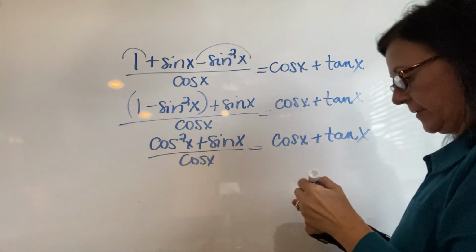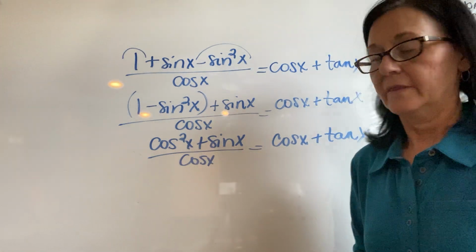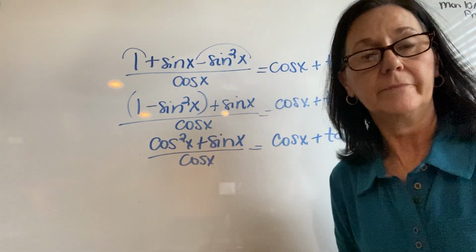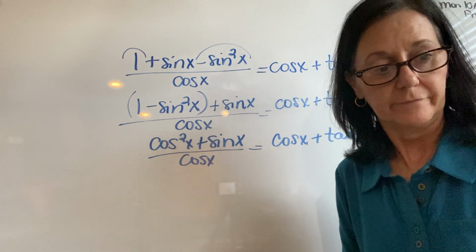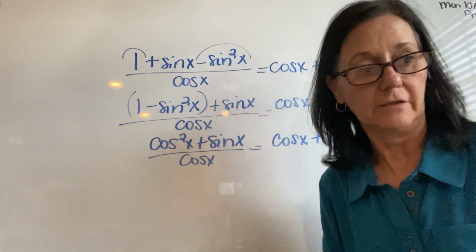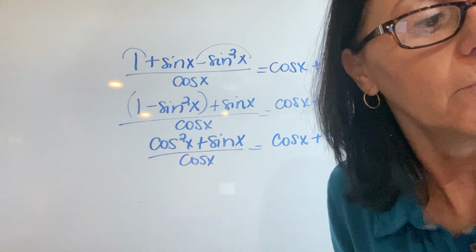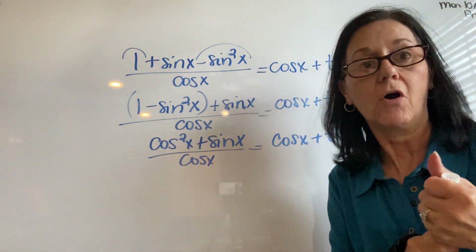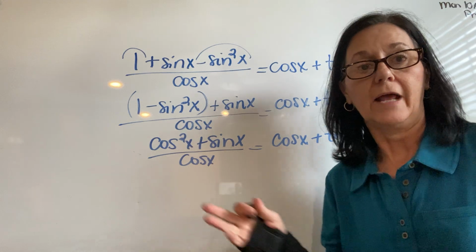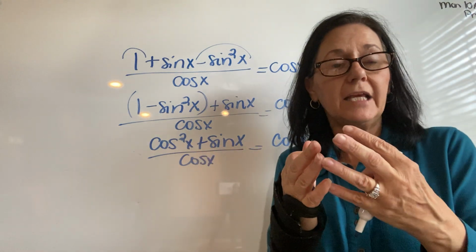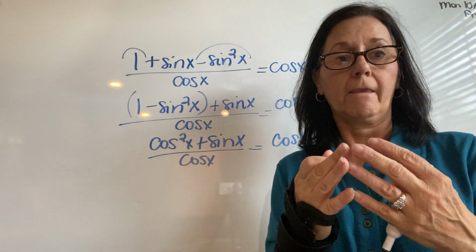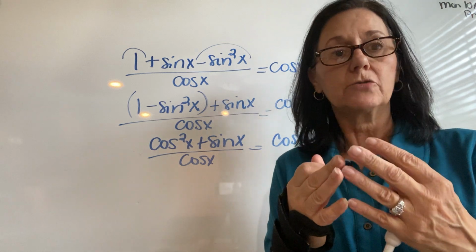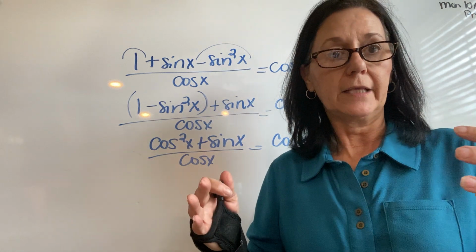So I'm left with cosine squared x plus sine x over cosine x equals cosine x plus the tan of x. These two terms are written over a common denominator. That's one other thing I'm going to look for. Can I split the numerators back apart and write two fractions? And you always can. In algebra, we're always consolidating and simplifying. With trig, and even towards calculus, maybe we're pulling things back apart.